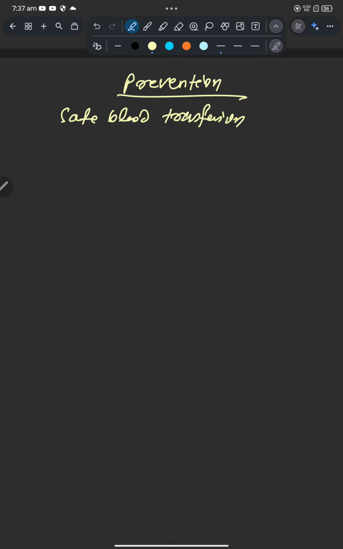Then disposable needle must be used, and then safe sexual practices.